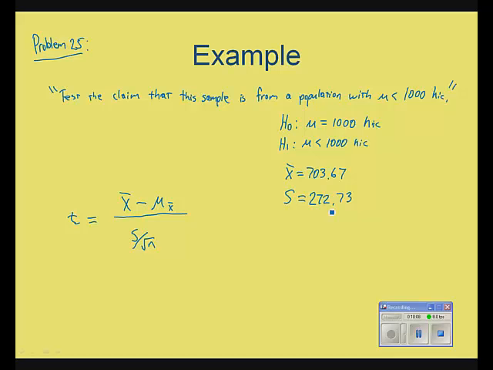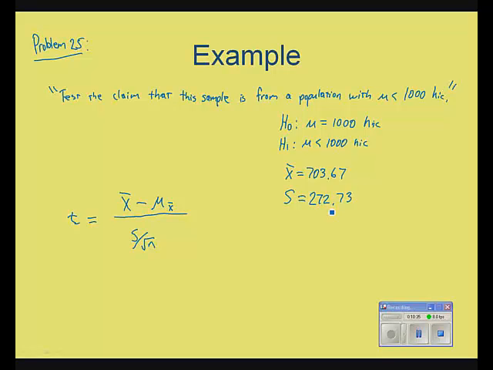We said it's not unlikely that you're going to be within how many standard deviations? 2 standard deviations of the mean. Look at that sample mean at 700. That's a lot less than 1,000. But my standard deviation is 270. If I had 2 standard deviations, that's 540. That's way over 1,000.